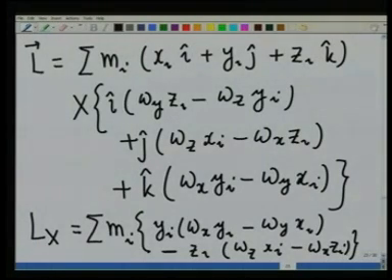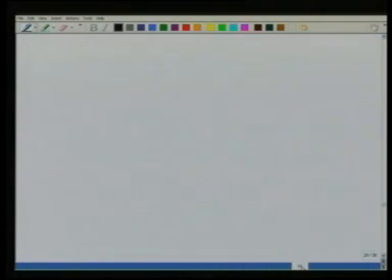When I collect like terms, you will get omega x yi square plus omega x zi square minus omega y xi yi minus omega z xi zi.